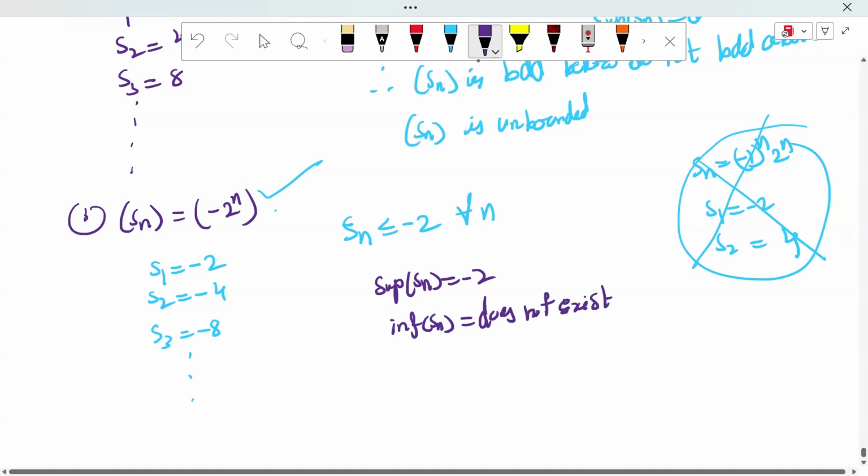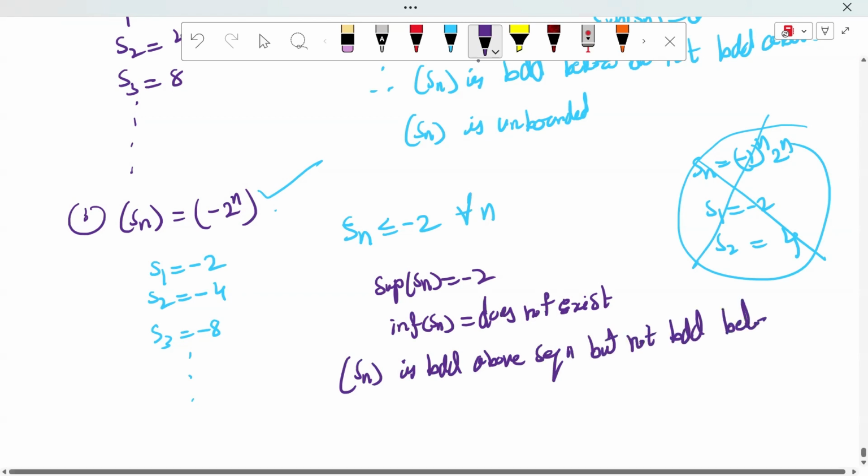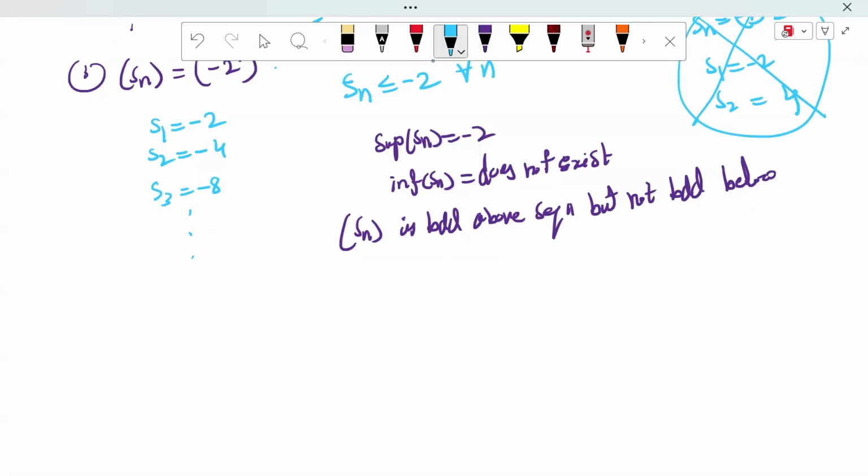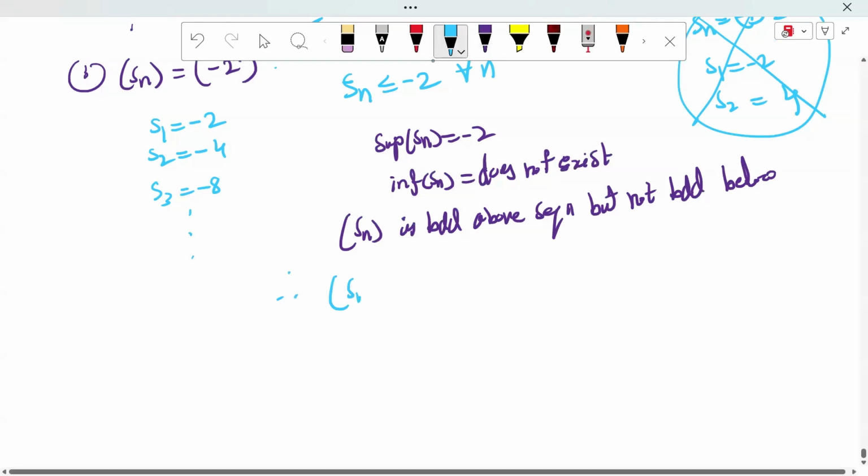Therefore, the sequence Sn is bounded above, but not bounded below. So the sequence Sn is an unbounded sequence.